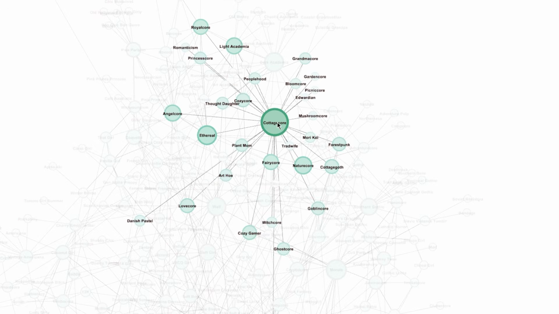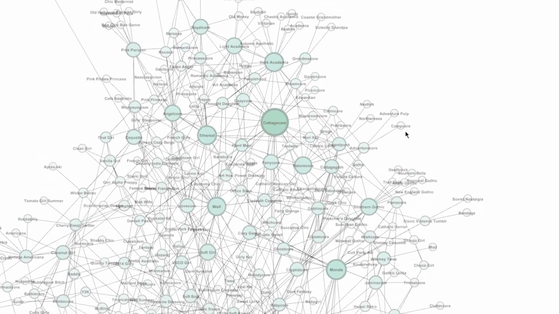Cottagecore, for instance, is literally about nature and everything like that. All of the aesthetics that relate to cottagecore have motifs, values, and visual languages that are about nature or about feminine gender roles.